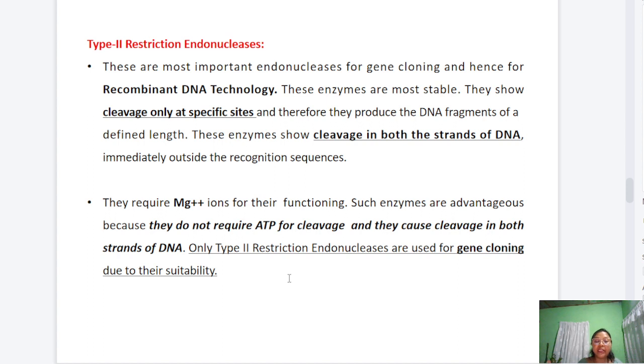So with very little or no energy requirement, we are going to cut not only a single stranded DNA, but a double stranded DNA. When we say it requires ATP, it means it requires energy. So only type 2 restriction endonucleases are used for gene cloning due to their suitability.